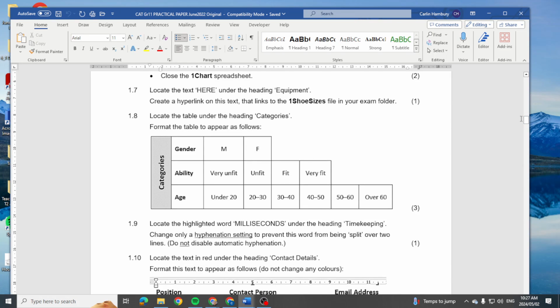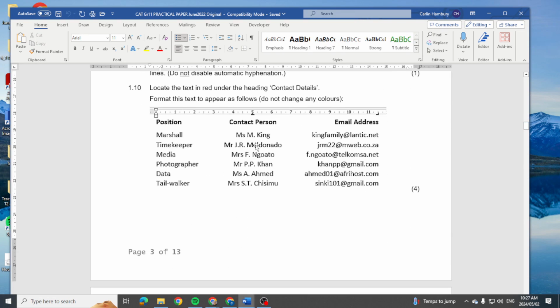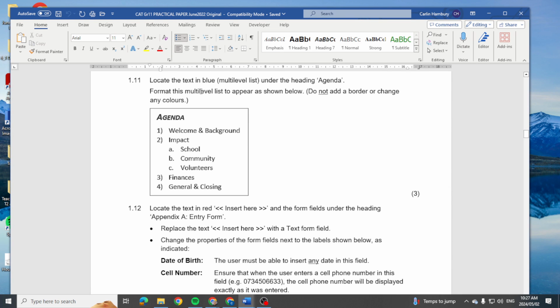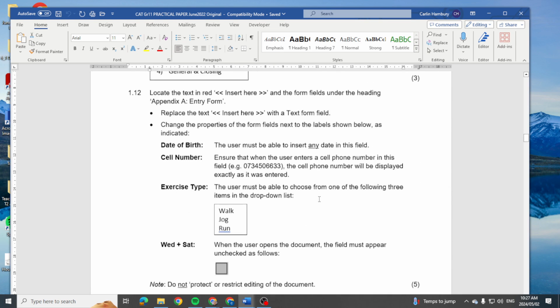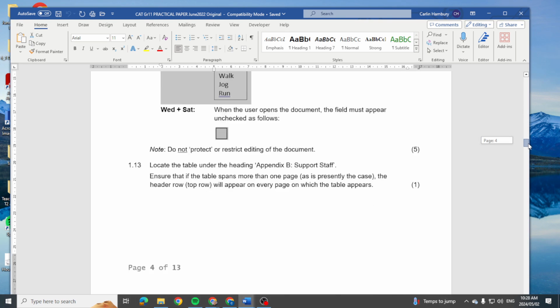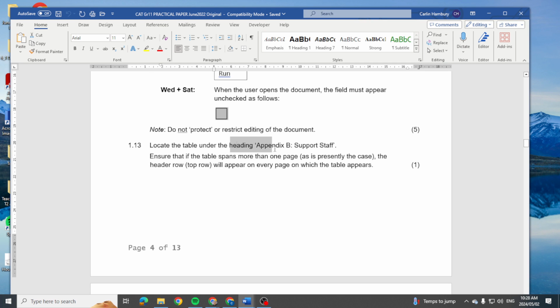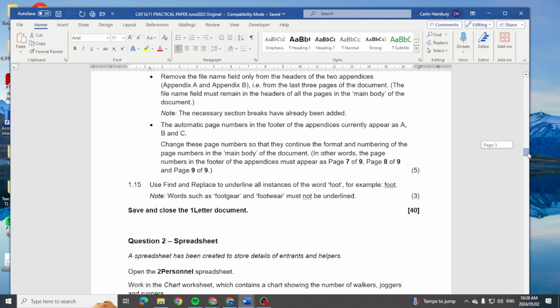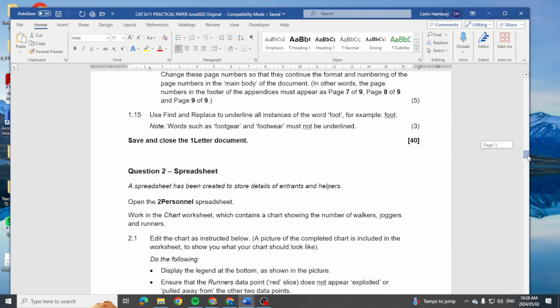There's inserting a table again, our tab stops, our multi-level lists, hyperlinks, being able to construct an electronic form, headers and footers, and then inserting fields in the headers as well. They might ask you to insert something as a field in the header.